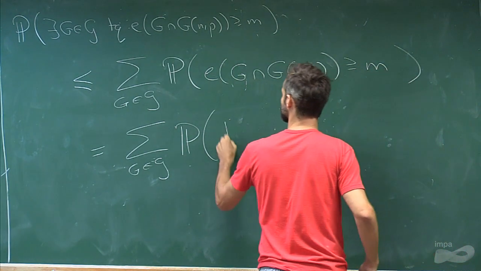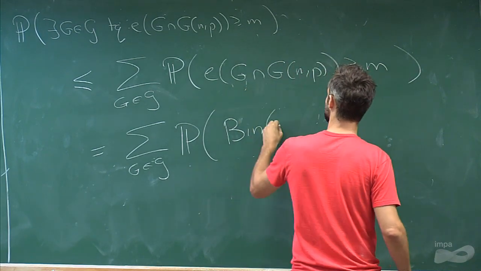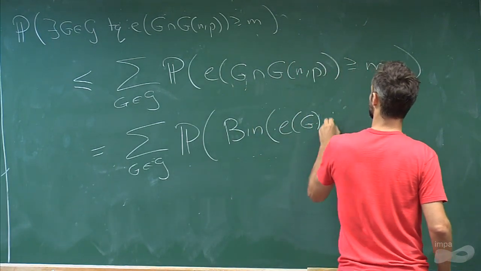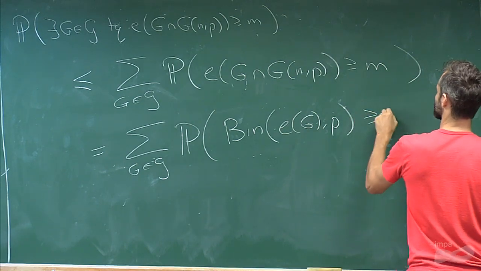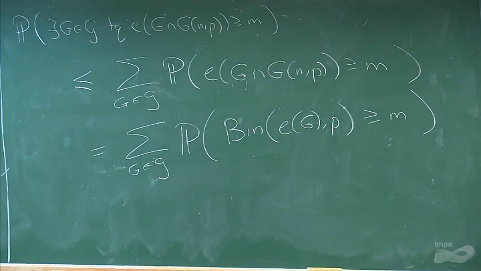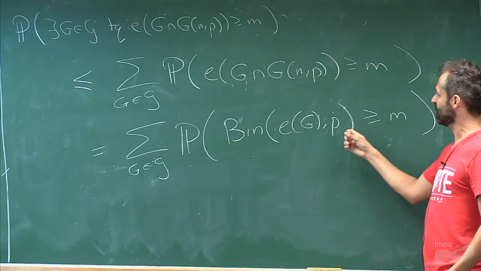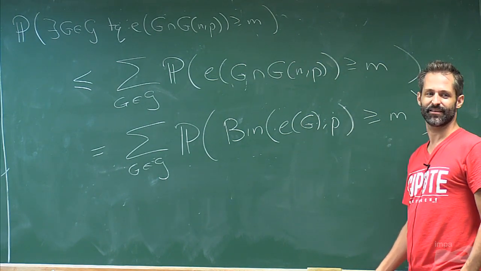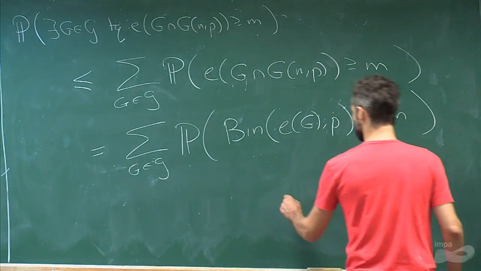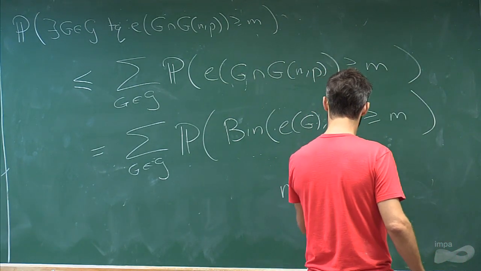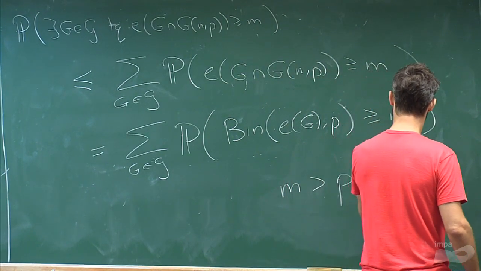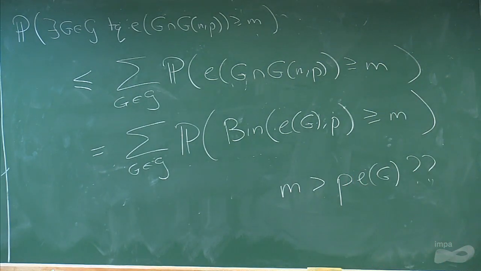It's binomial with parameters e(G) and p. So what we want is for this to be unlikely. So what we want is for m to be bigger than p times e(G). So is it true that m is bigger than p times e(G)? And how much bigger?